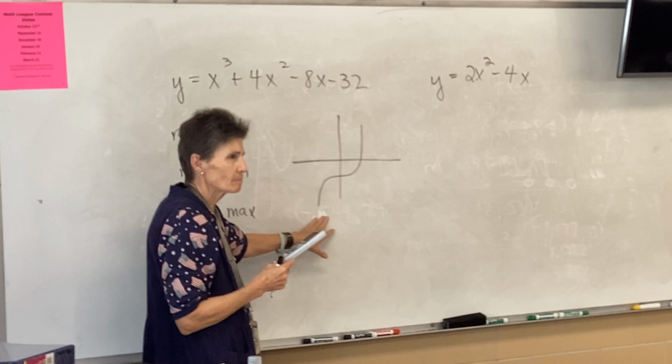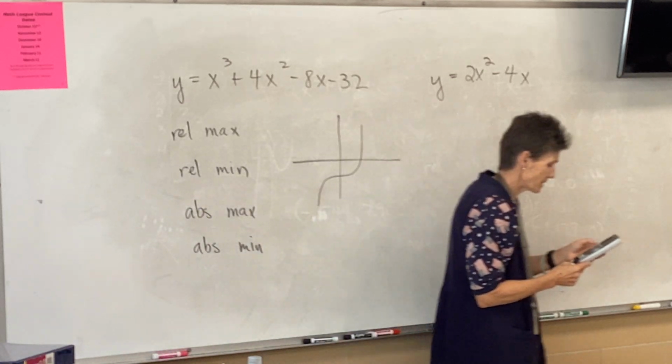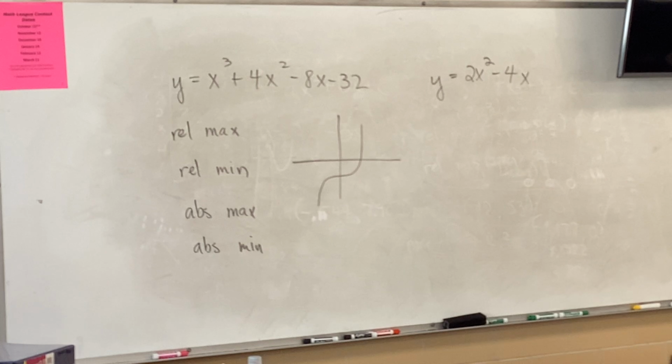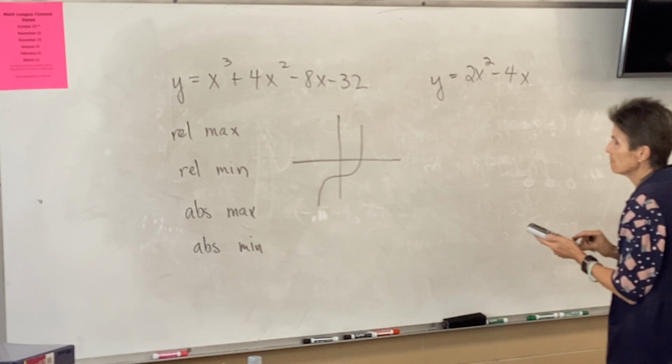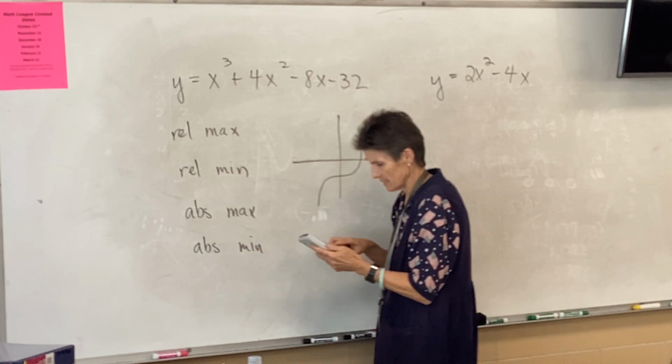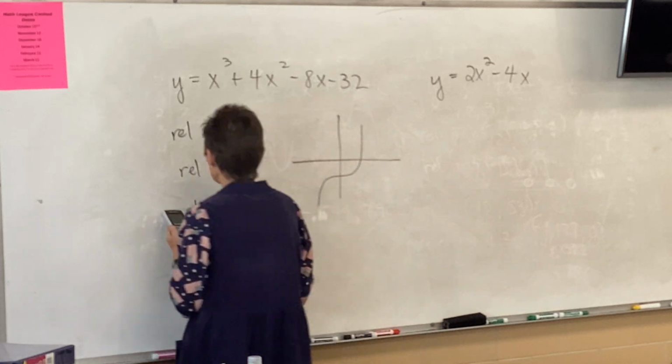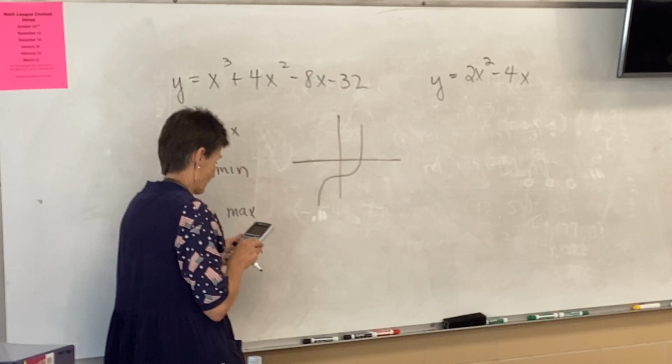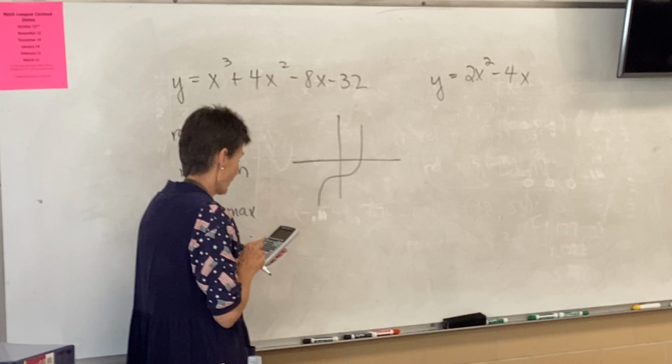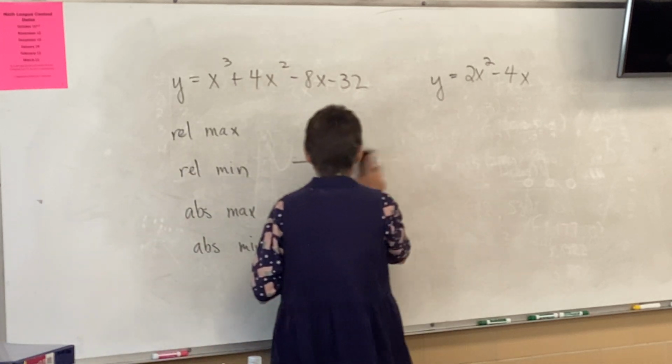It's like this. I need to type it again. I got the wrong thing typed in. There we go. Oh, yeah. That's much better than what I had for sure.